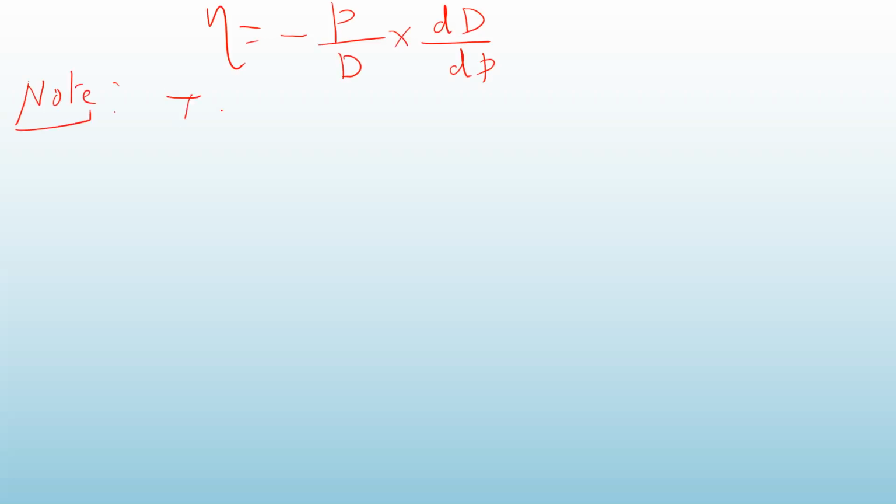Now let's see. You know that the elasticity of demand is minus P upon D into the derivative of D with respect to P. So note here, if eta is equal to 0, okay, then demand will be constant. If it is 0, then the derivative of D with respect to P will be 0. And if the derivative of a function is 0, that means that function is a constant function. So if eta is equal to 0, then demand D is constant.